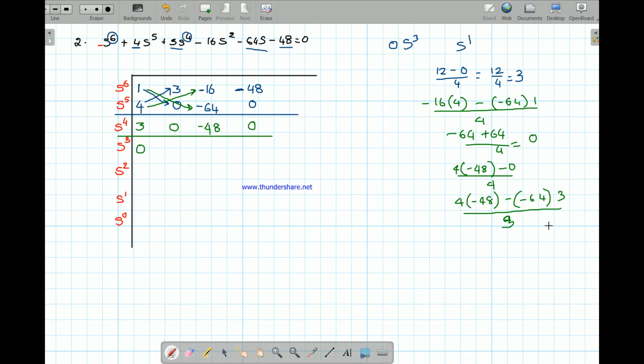See, 64 into 3 is 192, and 4 into 48 is also 192. This becomes plus and this becomes minus, so even this is becoming 0. And this element is 0 too. Now this is the problem we are able to see. So what is the problem? The problem is that this row has become all zeros.